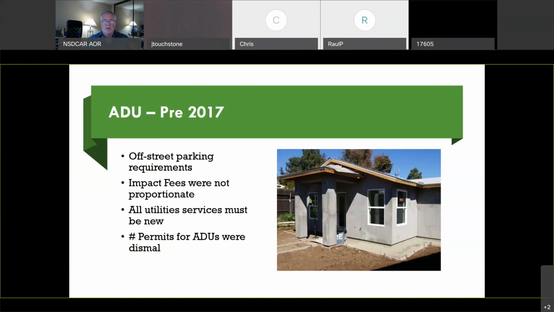So they really weren't scaled. You had to pay high impact fees disproportionate to the dwelling that you were building. You had to bring in all new utility services. So that really adds to the costs. And as a result, the number of permits prior to the new ordinances were dismal. I have a slide on that. So they just weren't happening.